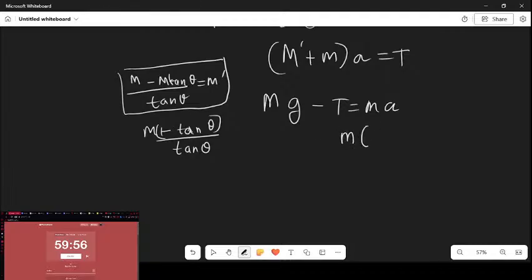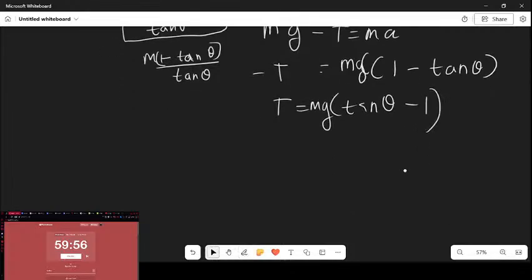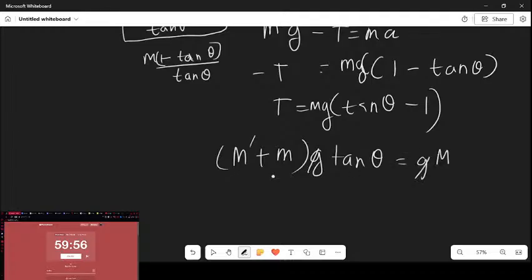Taking mg common, 1 minus tan theta is equal to minus T, which is equal to tan theta mg minus 1, and here we also have m plus m dash, g tan theta. I mean, g gets cancelled, and here we have tan theta minus 1.